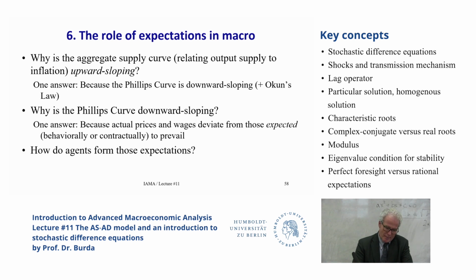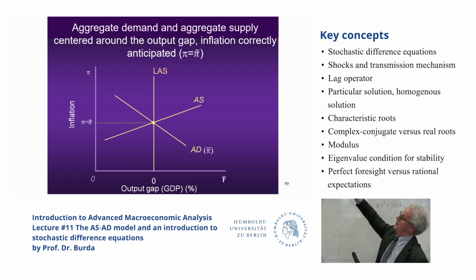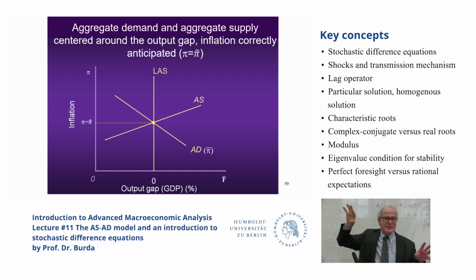So I try to draw a picture for you. This is the same picture I showed you yesterday, last week. Okay, positively sloped aggregate supply curve, negatively sloped aggregate demand curve, and now I'm putting pi bar there. That's the central bank's target inflation. So I'm trying to make it more specific. And this is a resting point in the system where people expect inflation and they expect it correctly.